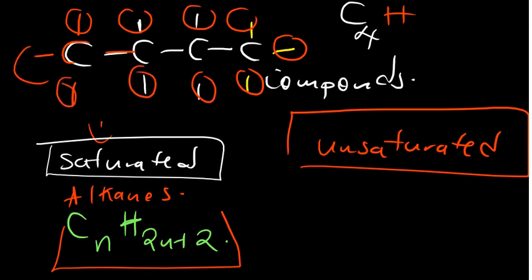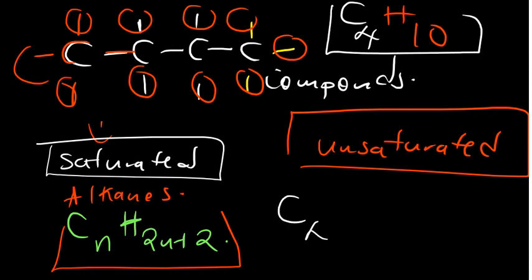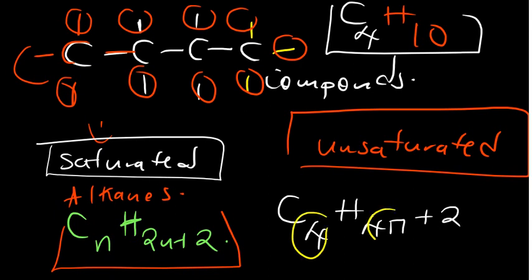So we have 10. I'd want to come up with a formula to get a 4 appear on the other side. So it's basically C4 H 4 times 2 plus 2. So you just have n and 2n plus 2.